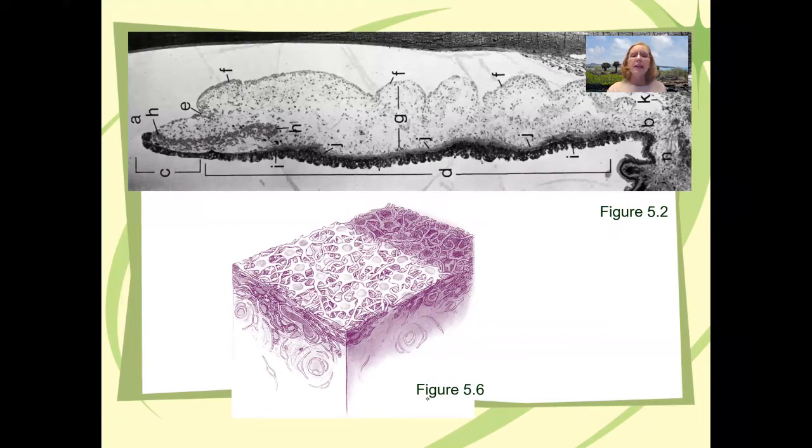So you can see the anterior border layer on this top image that we've already looked at. It's a very thin layer denoted by F here.